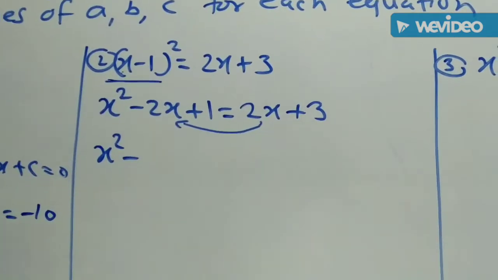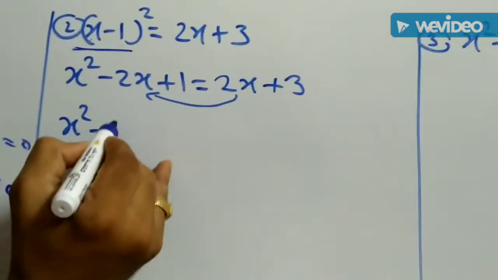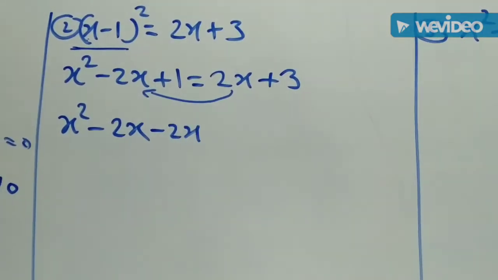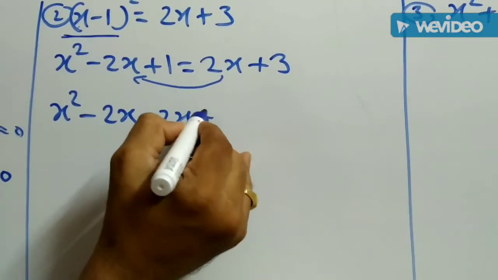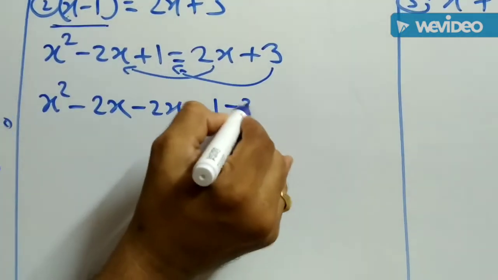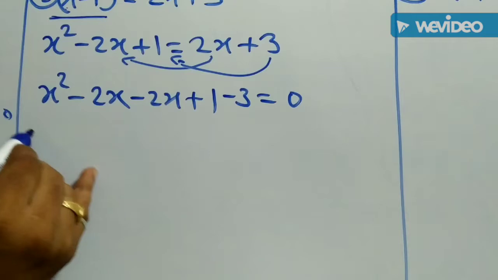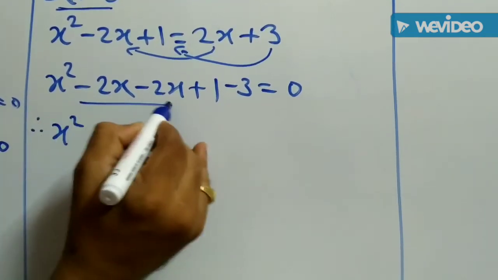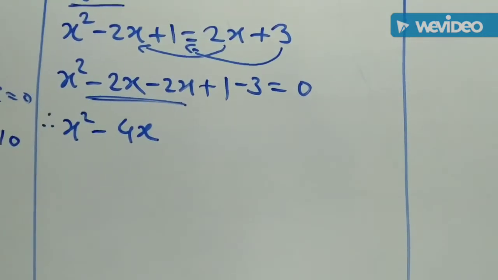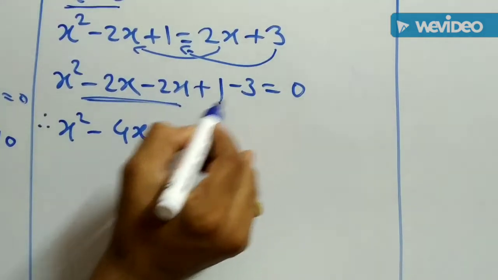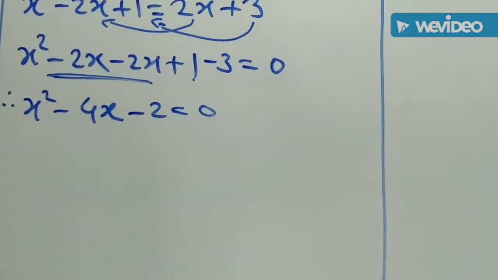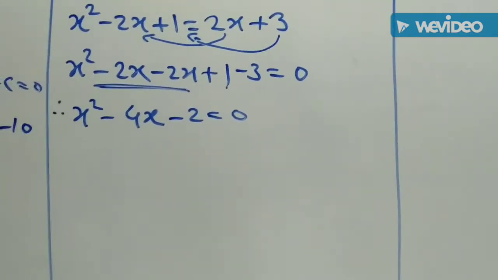Write in descending order of degree x square, this minus 2x as it is, and this plus 2x gets converted to minus 2x. Then this plus 1 as it is, plus 3 gets converted to minus 3 is equal to 0. Therefore, x square. Now solve this: minus 2x minus 2x, that means minus 4x. 1 minus 3, that is minus 2, is equal to 0, and this is the standard form of the quadratic equation.